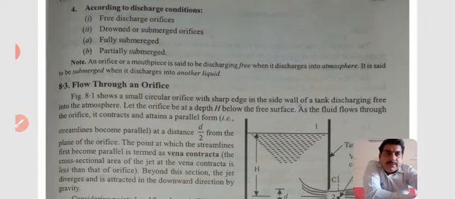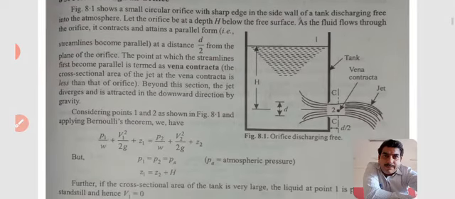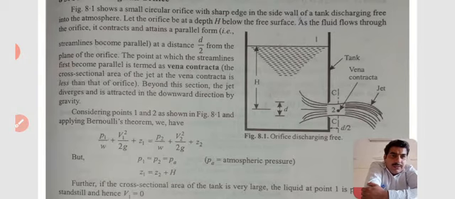Flow through an orifice. Now in that diagram, the orifice discharging free, we take a container and fill water up to the top surface. The depth is capital H, and the diameter of the orifice is small d.